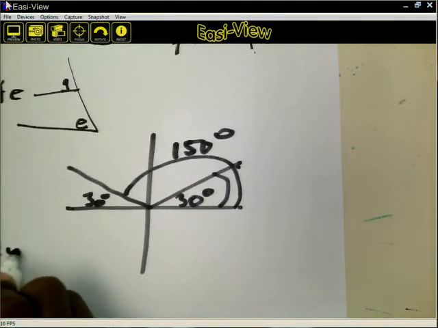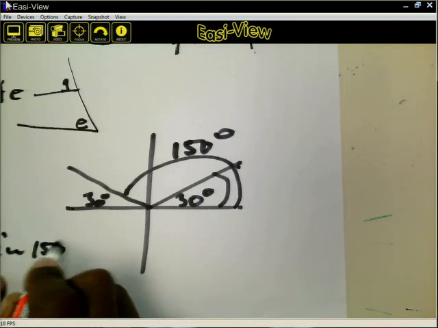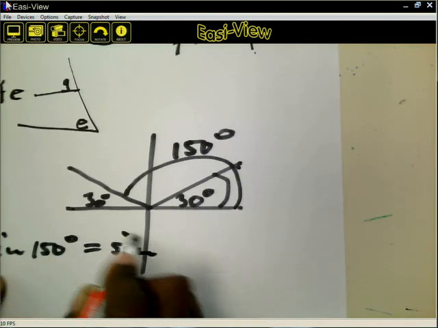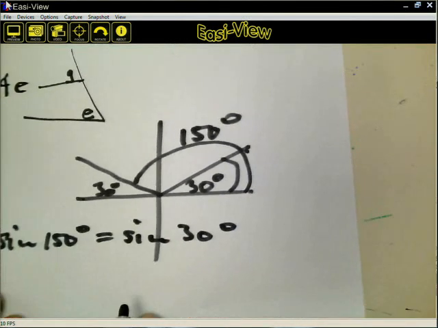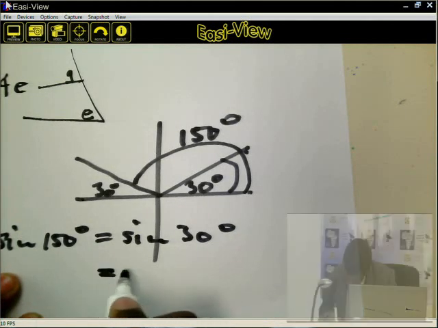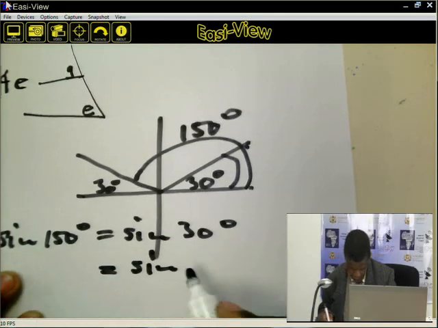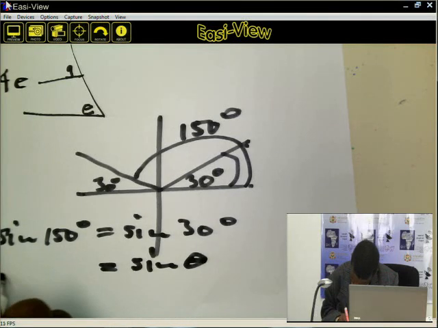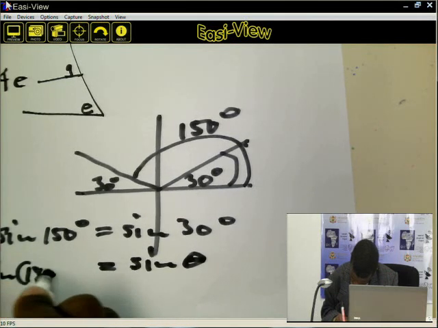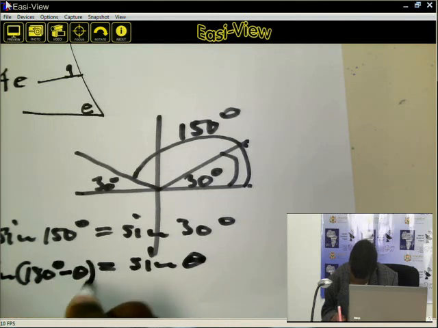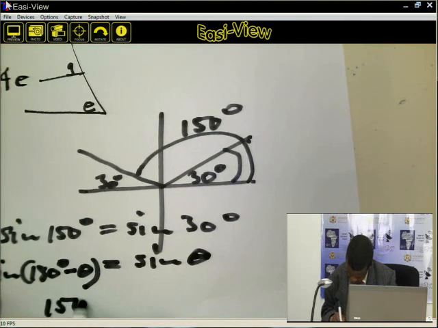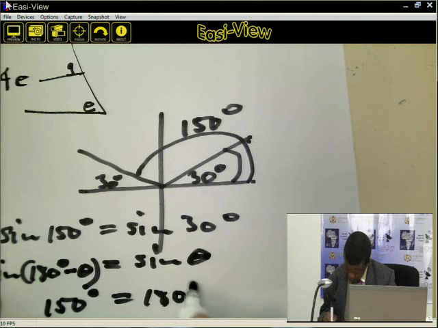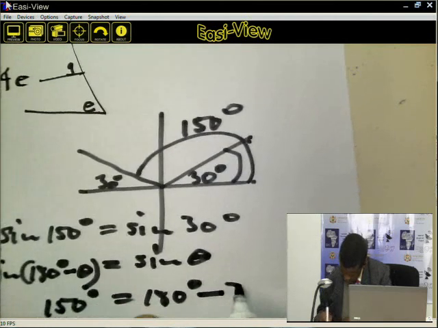The sine of 150 degrees is equal to the sine of 30. If we generalize it to, say, theta, then how do we get it? It is 180 minus theta, in the same way that 150 is 180 minus 30.